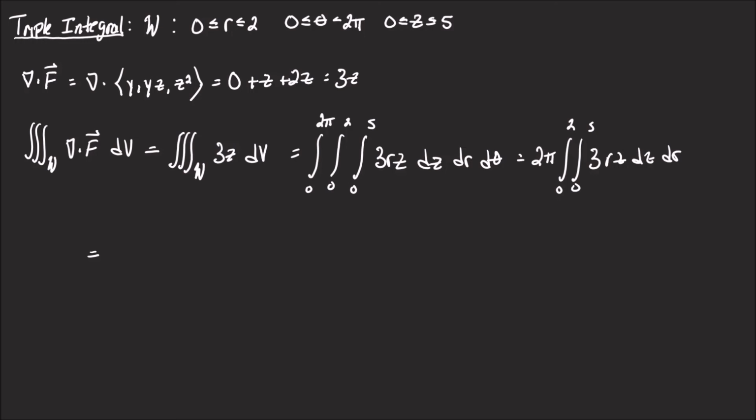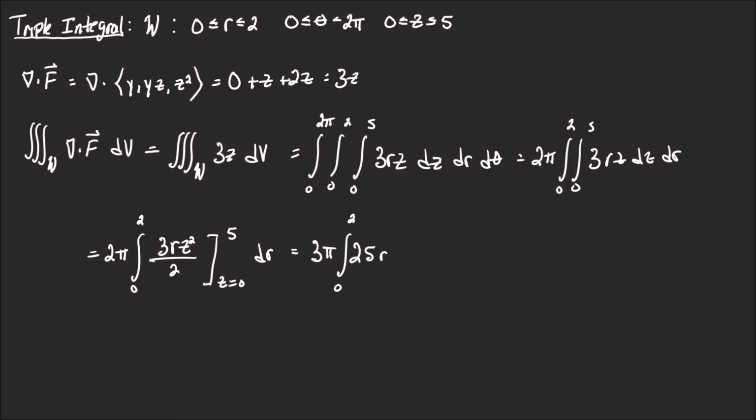This will be 2 pi times the integral from 0 to 2 of 3rz squared over 2, as z goes from 0 to 5. Factor out that 3 halves, and we'll be left with 3 pi, integral from 0 to 2, of 25r.